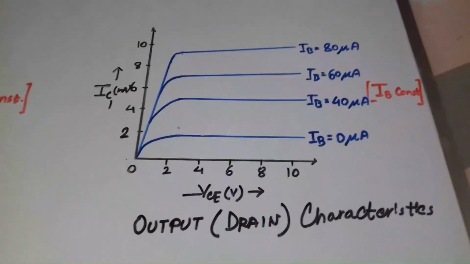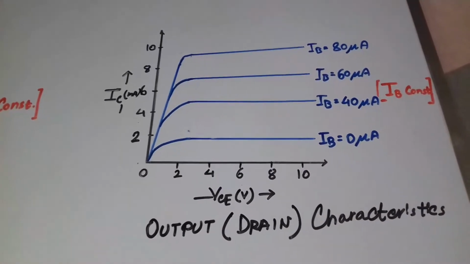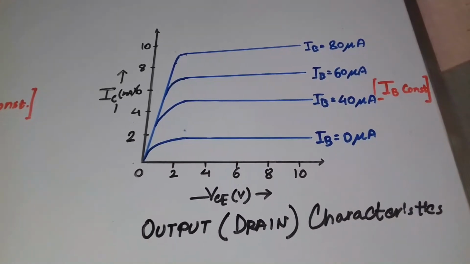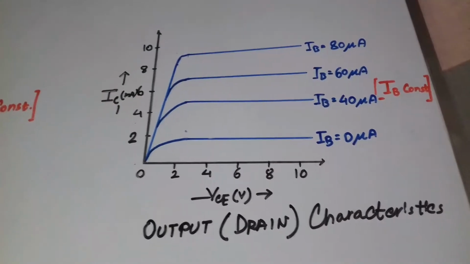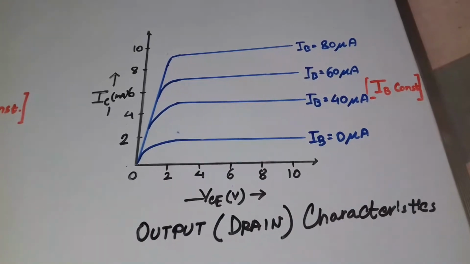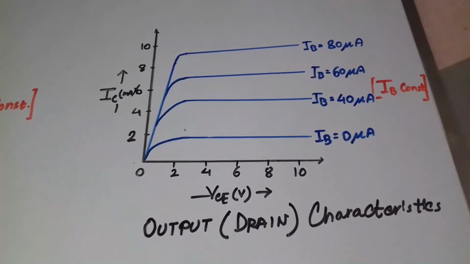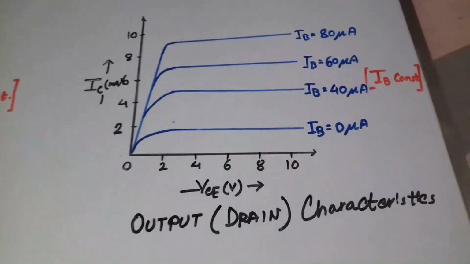Now this is our output characteristics, that is the drain characteristics of the transistor, where the x-axis represents the VCE, that is the voltage between the collector and the emitter terminal, and IC, that is the collector current, which is scaled in milliampere. The first one is in microampere and this is milliampere.